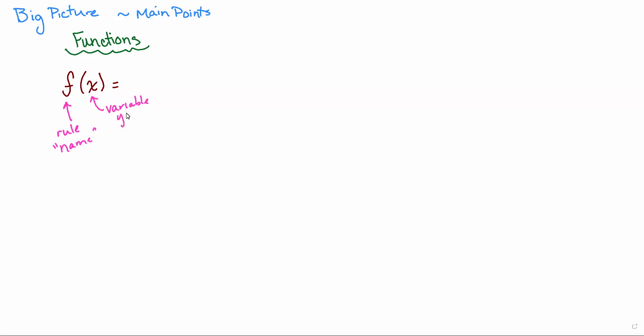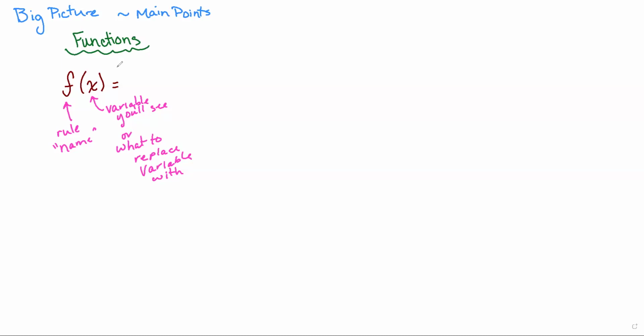Or it'll be what to replace the variable with. And then we always have an equal sign because that is saying what our rule and our variable or our value is going to be represented by.